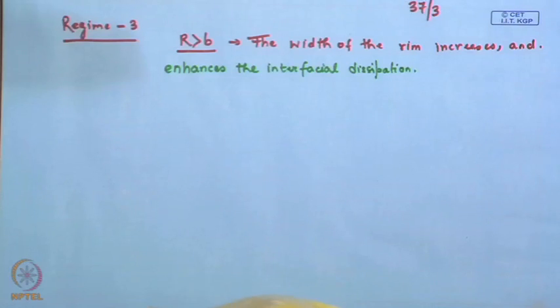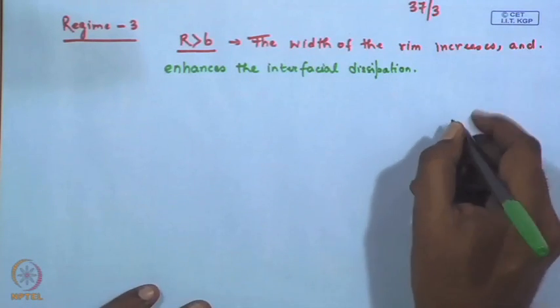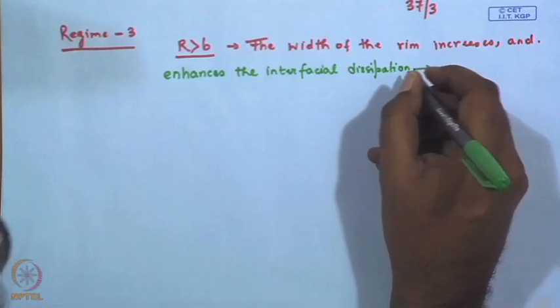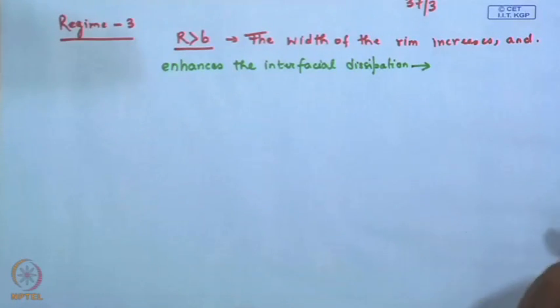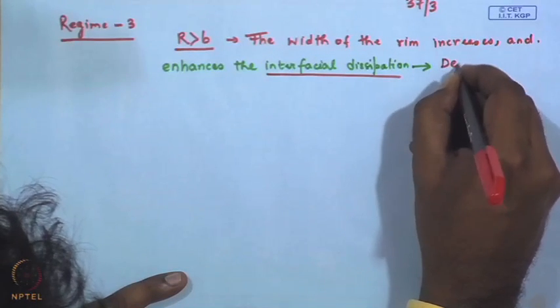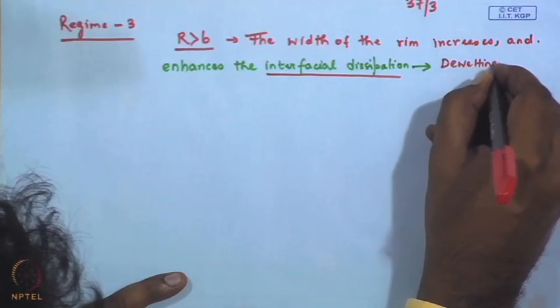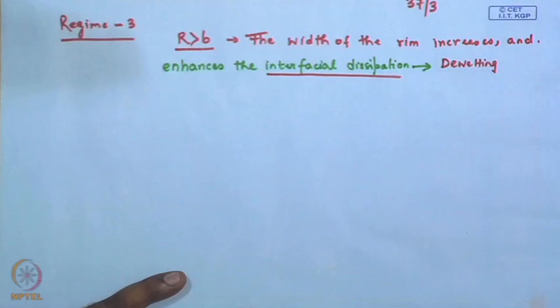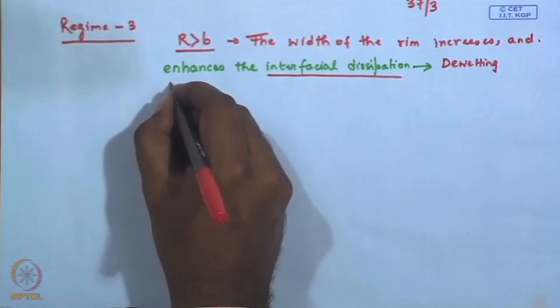And as a result, the interfacial dissipation, which was earlier getting balanced with the capillary driving force, now starts dominating. So, as a result the dewetting velocity now progressively reduces.